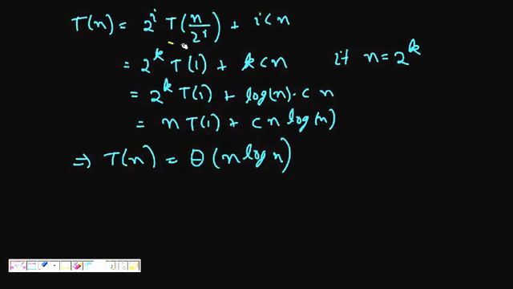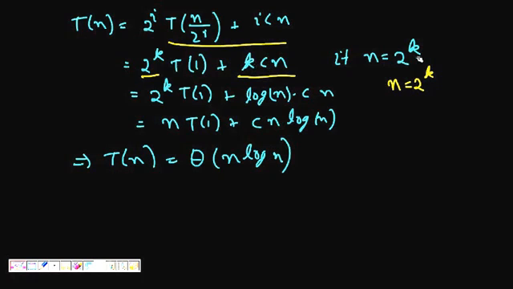If we keep going and assume, without loss of generality, that n is 2 to the power of k, then T(n/2 to the power of i) will become T(1) when i becomes k, giving kCn.